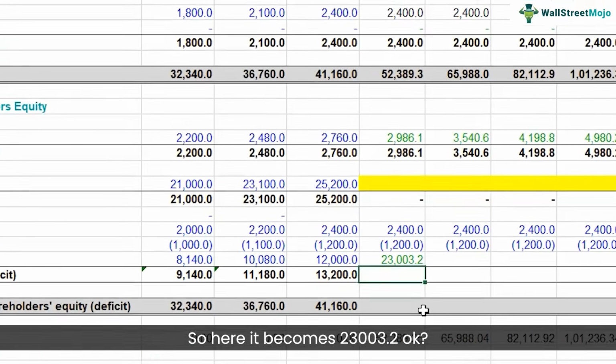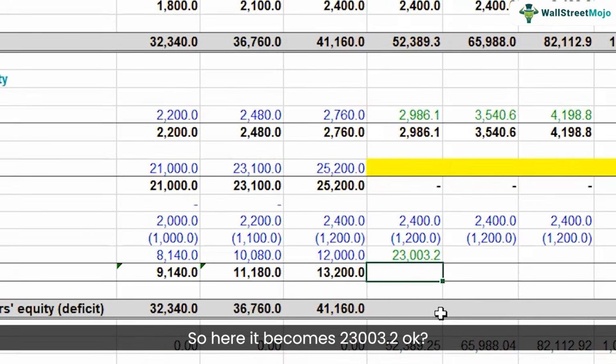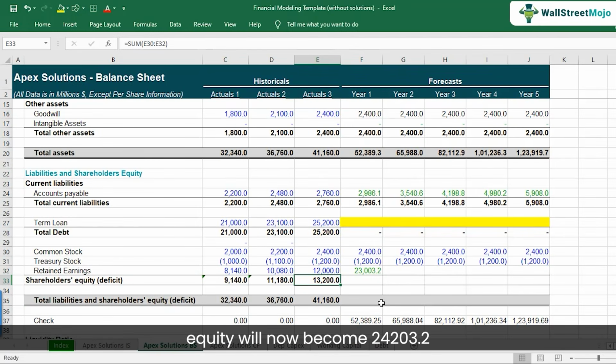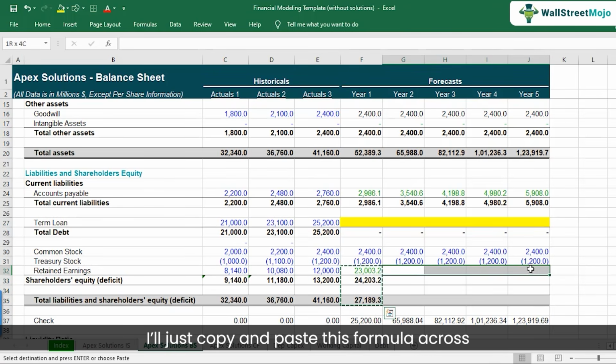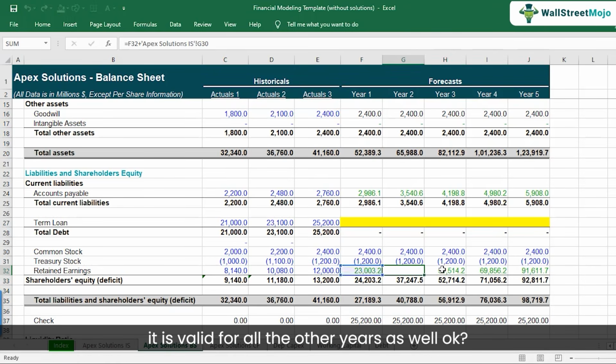So here it becomes 23003.2. Okay. So your shareholders' equity will now become 24203.2, and your total liabilities and shareholders' equity will become 27189.3. Okay. So let me do one thing. I'll just copy and paste this formula across so that it is valid for all the other years as well.